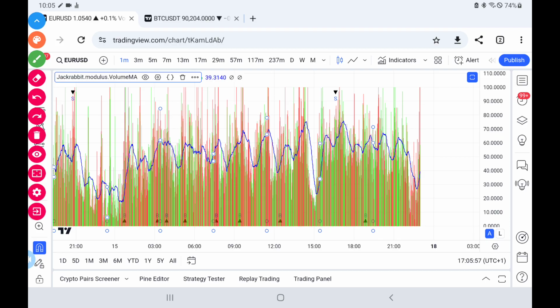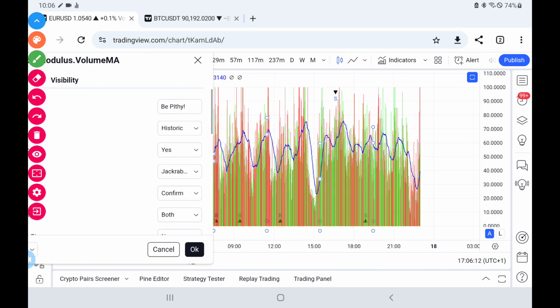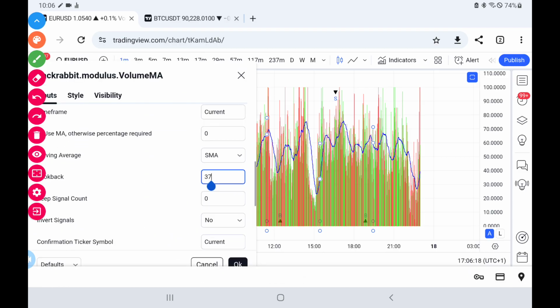And we have different styles of moving averages we can use. We have different levels. For example, this is 37 candles. We can go through a whole different array of potential possibilities and actually look at what happens when we go higher.